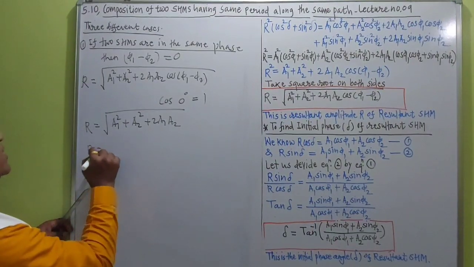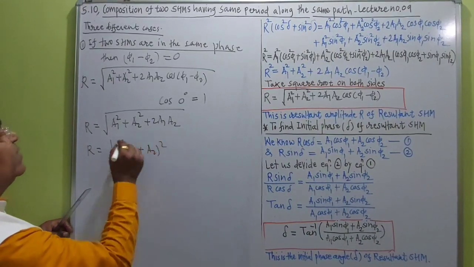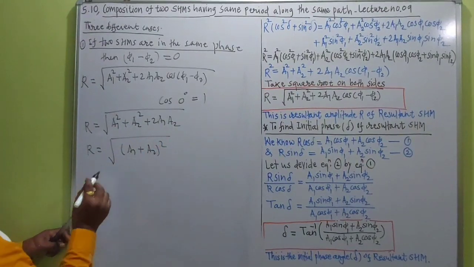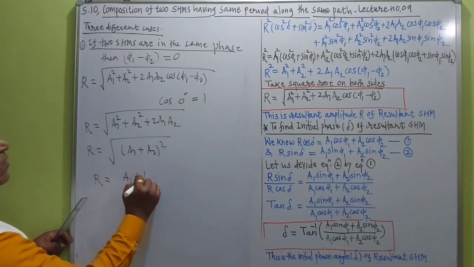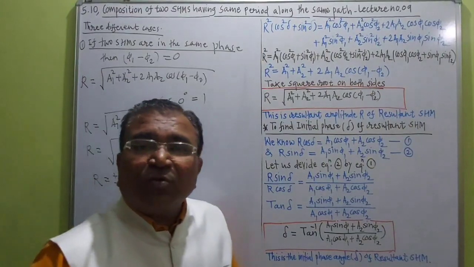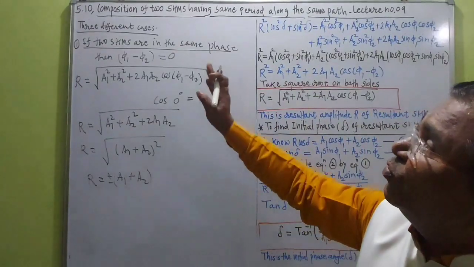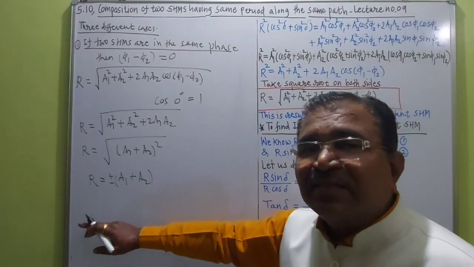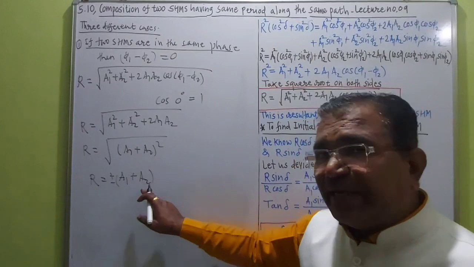So instead we can write square root of (A1 plus A2) whole square, and by taking the square root we get capital R is equal to simply A1 plus A2 if 2 SHMs are in the same phase. The resultant amplitude is capital R equal to A1 plus A2.